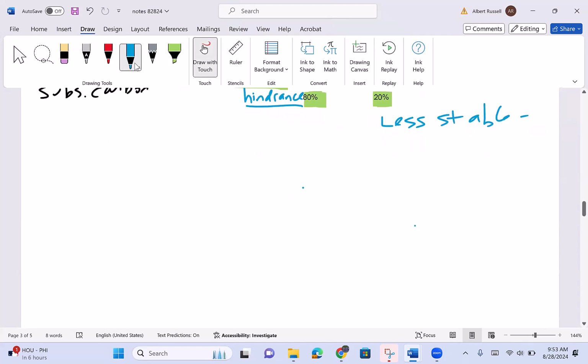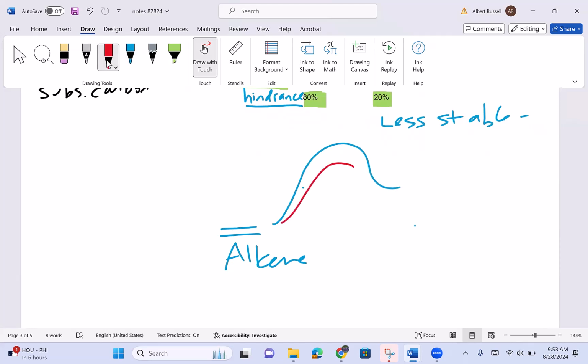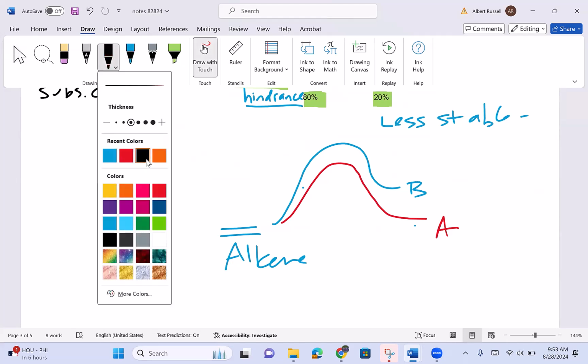So the way to think about this without going into too much intricate detail, we start at the alkene, and then we basically have two pathways we can follow, right? So this is going to be the pathway to A, and this is going to be the pathway to B. Y'all recall this from part one? Energy diagram, anybody?